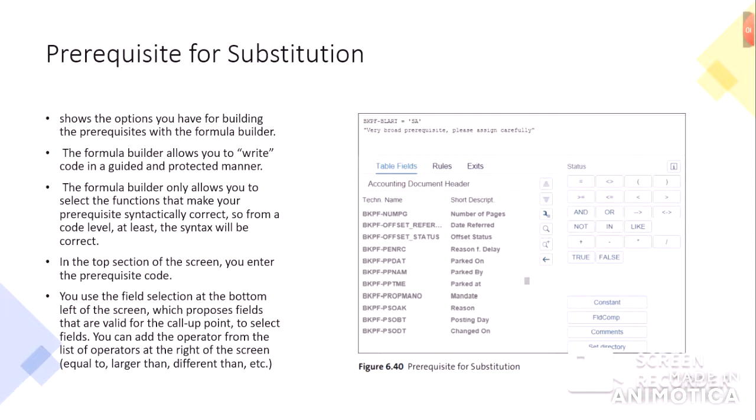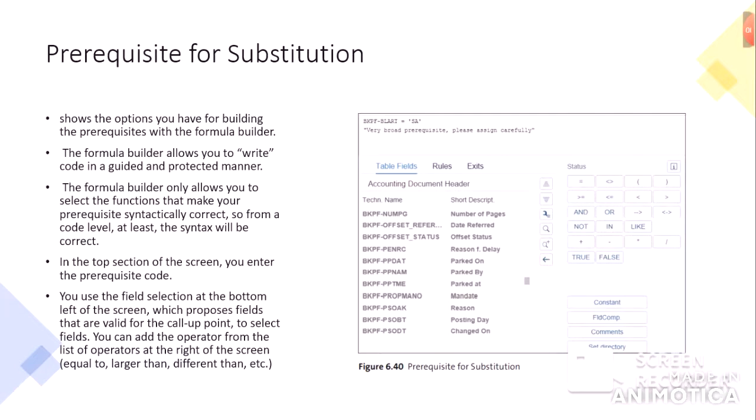In the top section of the screen, you enter the prerequisite code. You use the field selection at the bottom left of the screen, which proposes fields that are valid for the column point to select fields. You can add the operator from the list of the operators at the right of the screen: equal to, larger than, different, etc. So whatever we feel is required for our substitution rule prerequisite, we will be selecting those values from this screen.